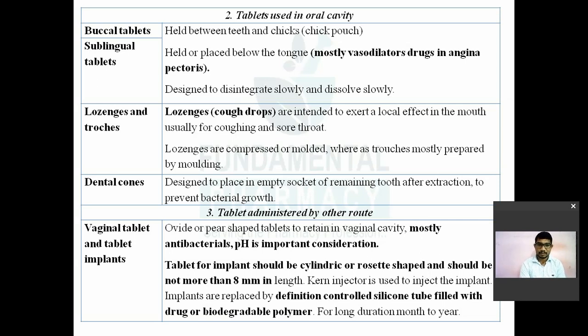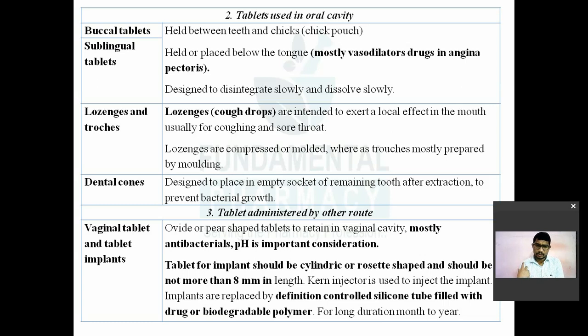These kind of tablets are placed below the skin by performing a small surgery, and these tablets are very controlled release, and they will release the drug for a longer time, maybe up to months or a year. So that is nothing but the tablet implants. 8 mm से ज़्यादा लेंथ नहीं होना चाहिए, नहीं तो वो इम्प्लांट आपको इजीली दिख जाएगा और आपको डिस्कम्फर्ट हो सकता है.